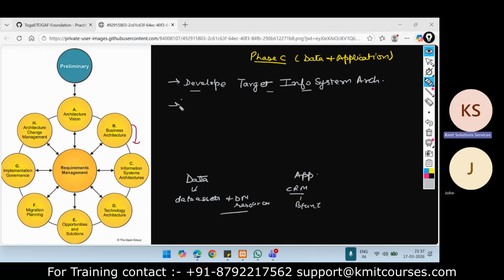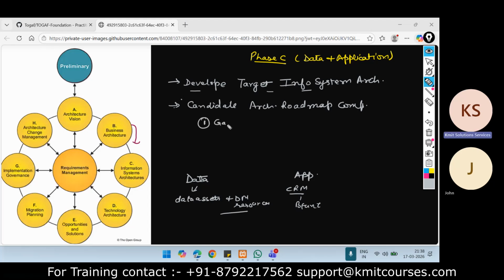Next, you need to identify the candidate architecture roadmap components, right? What does it mean? You need to identify or analyze the gap between the baseline and the target architecture.